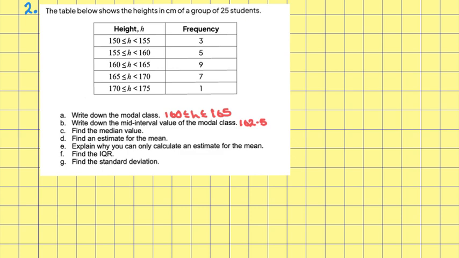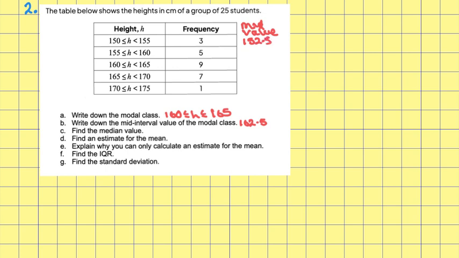All the other parts of the question will be done on a TI Nspire. But in order to do that, because it is grouped data, we need to find the midpoint value, so the mid value of each of our groups. So the midpoint of 150 and 155 is 152.5.